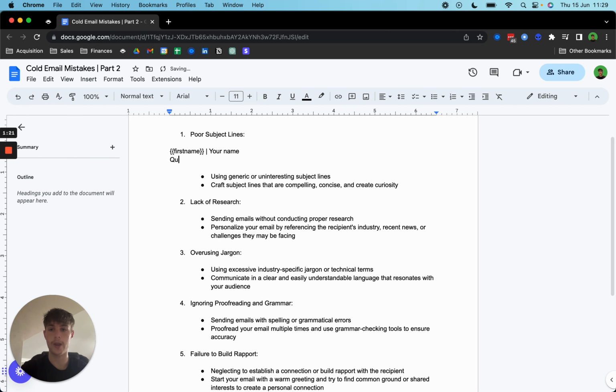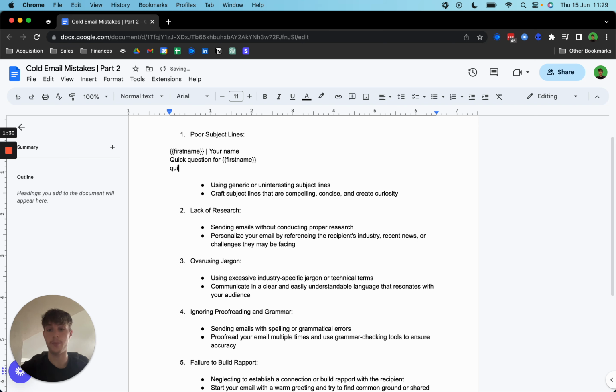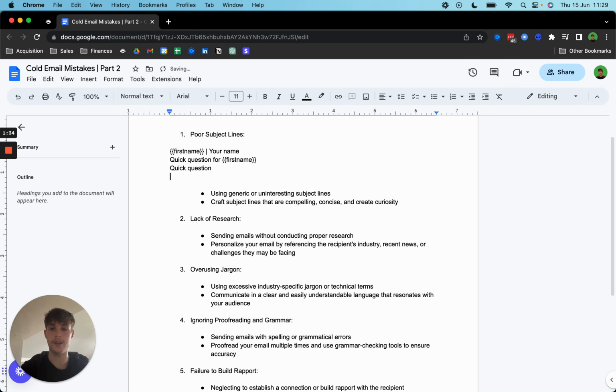Could be quick question for first name. Could simply just be quick question, which I've seen perform very well. It could be, for example, question for company name. But I would definitely recommend just including, if you can, the first name, last name in there. So quick question for first name, last name.